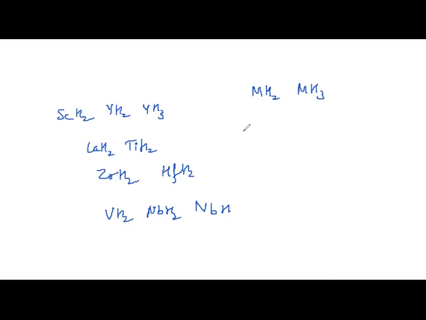For example, zirconium hydride, I represent it as ZrHx, wherein this x might vary: x is less than or equal to 1.30, and x is more than or equal to 1.75. So it is non-stoichiometric.